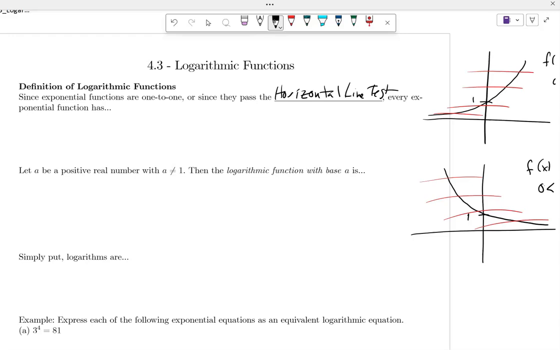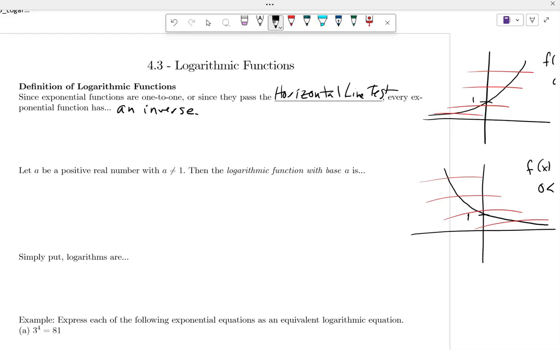Started with an I. Inverse, right? We can find an inverse. So every exponential function has an inverse function. That's the goal for this section. Since exponential functions are one-to-one, and that's why we define them the way we do, we want to make sure the domain is everything. That's not necessarily important for inverse functions, but we don't want that flat line that's not one-to-one. So since it's one-to-one, it has an inverse.